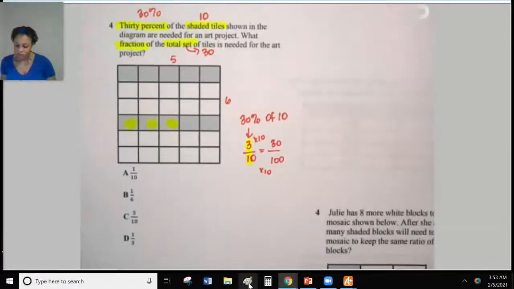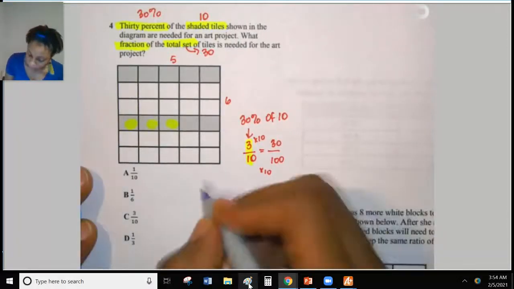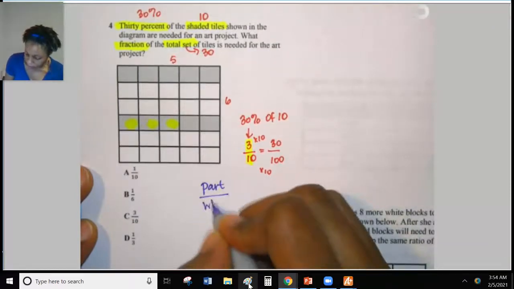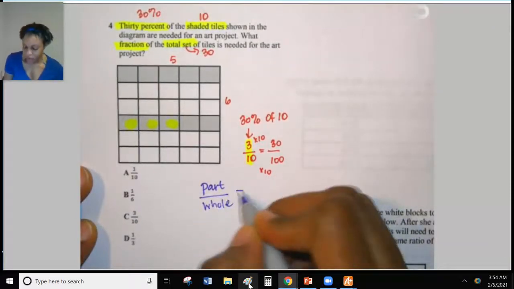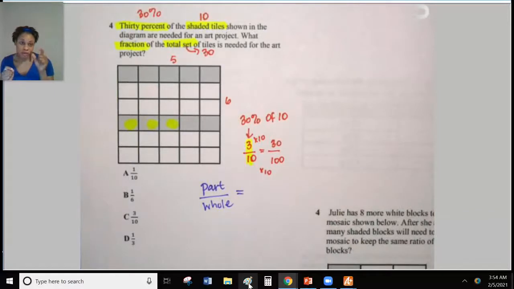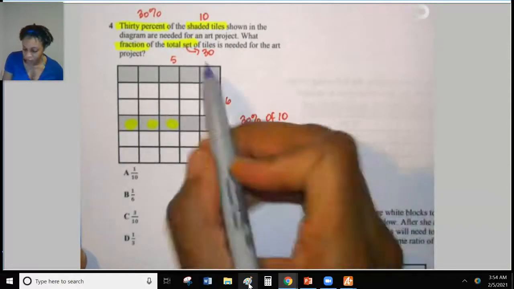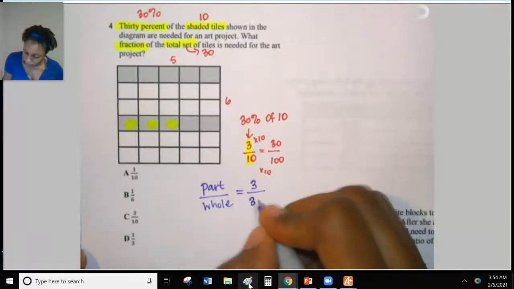Then it says, what fraction of the total set of tiles is needed for the art project? So remember, a fraction is a part out of a whole, okay? So we want parts out of a whole. So we only need 3 shaded, that's the part. Out of the whole thing, the whole set is 30.